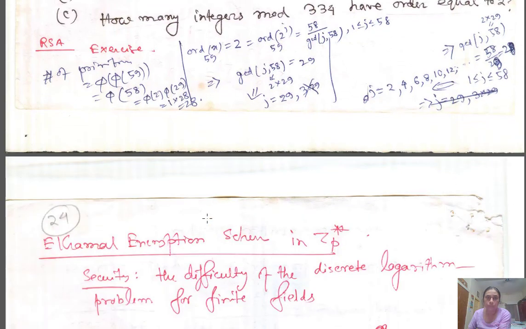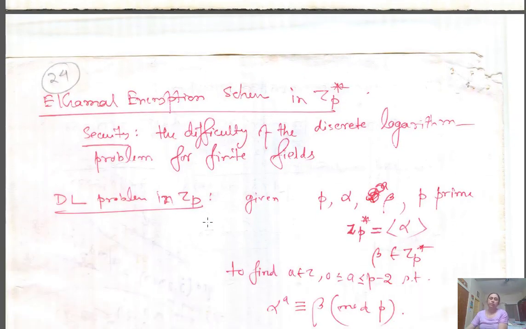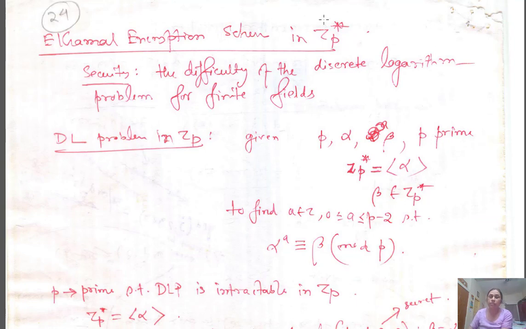Okay. So the ElGamal encryption scheme, a public key encryption scheme over Zp star. As I said, it derives its security from the difficulty of solving the discrete log problem for finite fields. So what is the discrete log problem in Zp? Given a prime p, Zp star means we have taken prime p, and Zp star is Zp excluding 0.